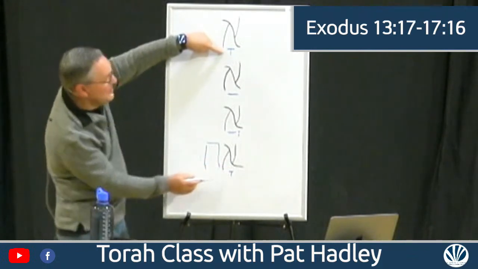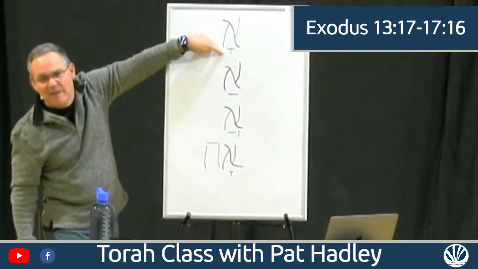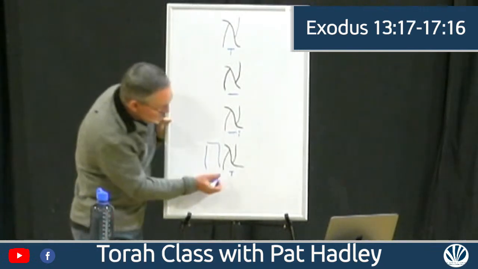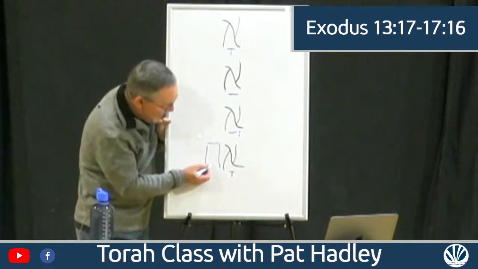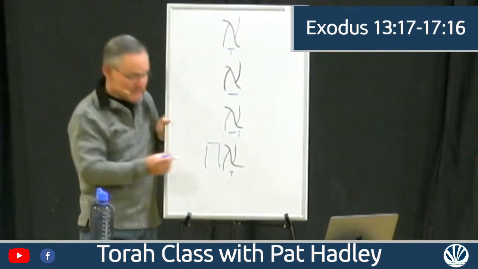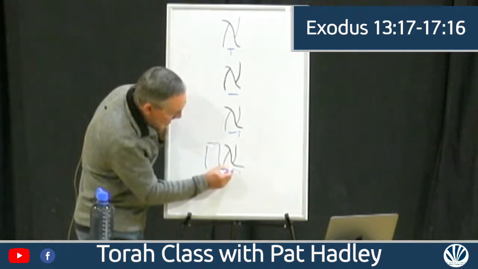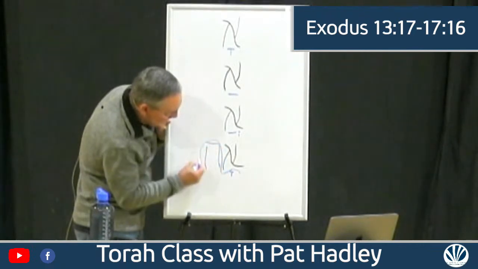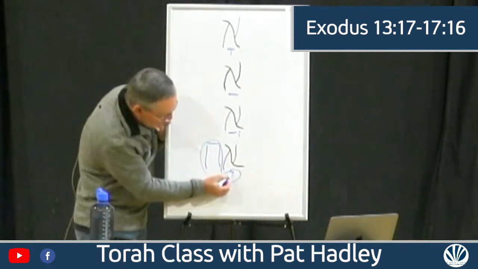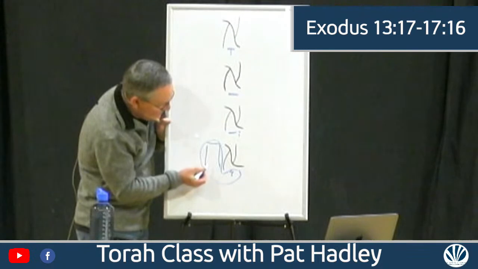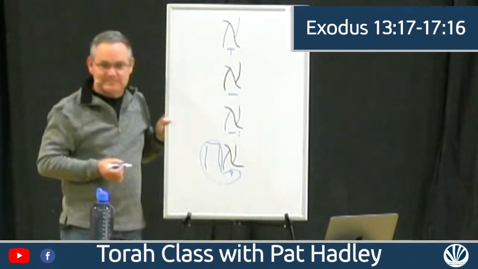Now, what is the name of that little mark? Hametz. This is known as a hametz hey. And the vowel is actually all of this. So it's the little mark, and then it's the letter hey.